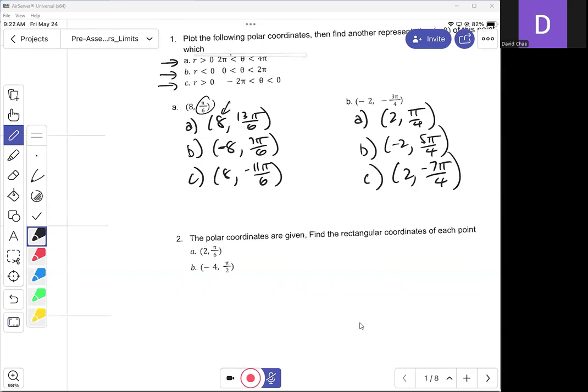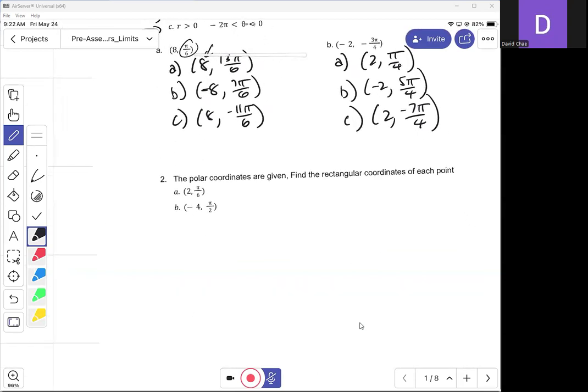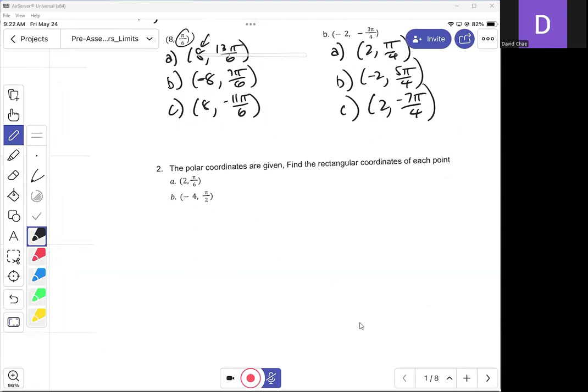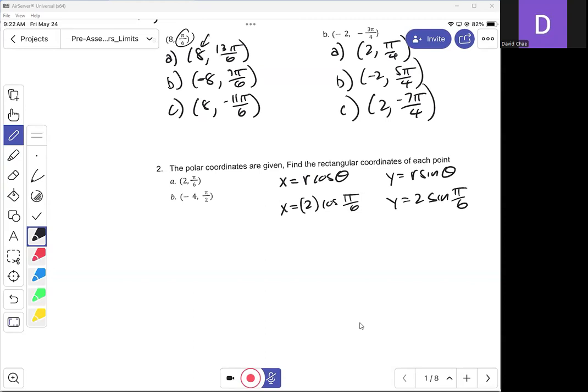All right. Number 2 is, this is going to be key, where x is equal to r cosine theta and y is equal to r sine theta. So for letter A, we're going to replace x is equal to 2, because that's the radius, cosine pi over 6, and y is equal to 2 sine pi over 6.